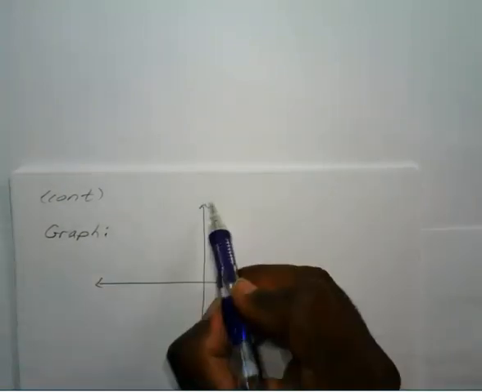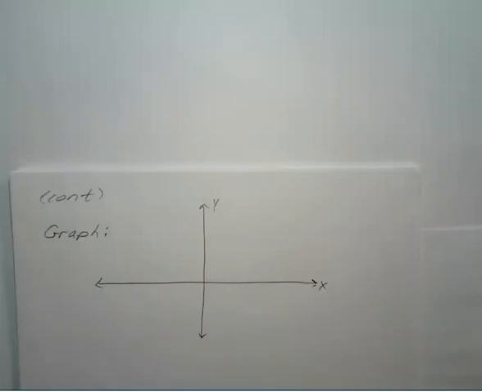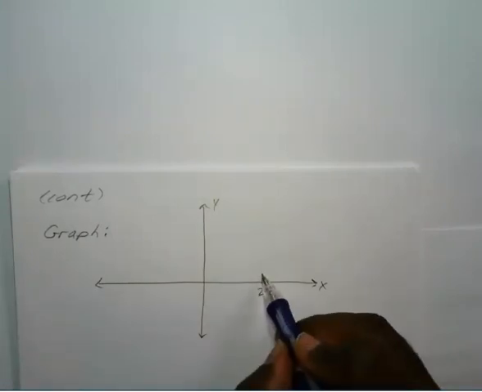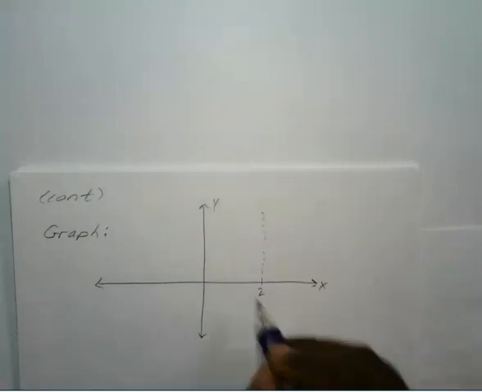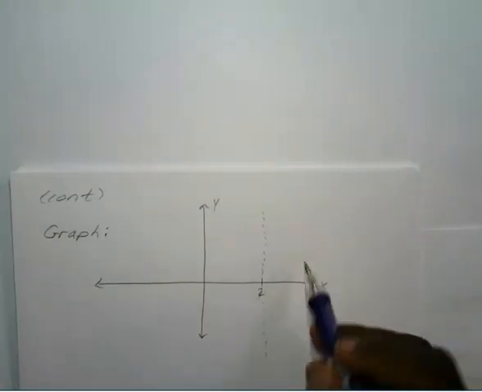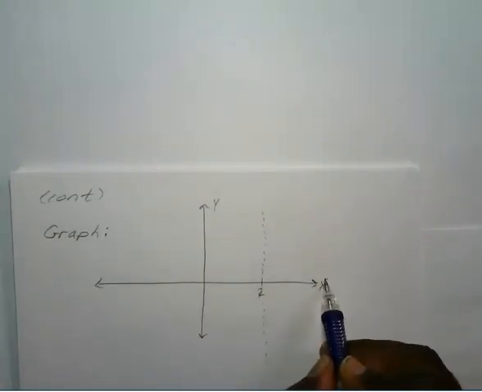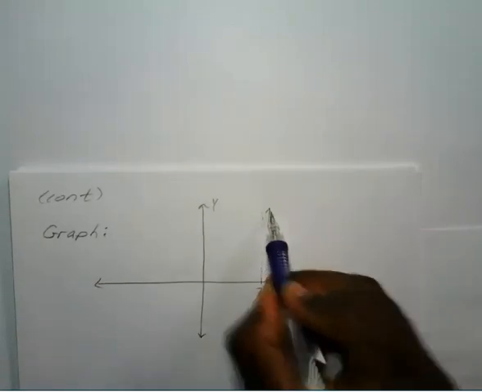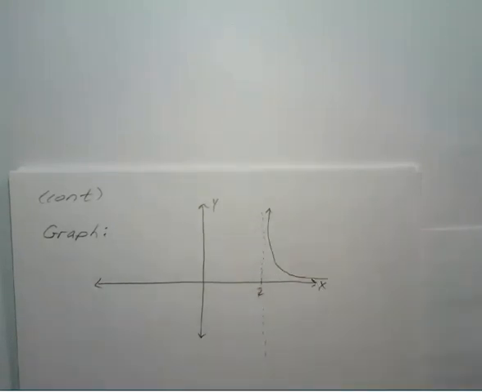So we have our x and we have our y. Okay, we know that x cannot equal 2. So you see here that it gets closer to 2 from the right. It's going to approach infinity.